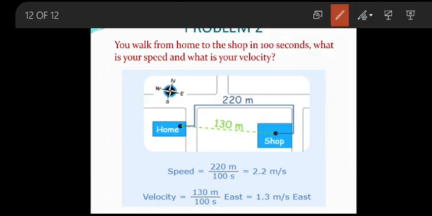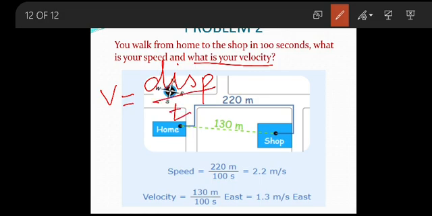The next question, what is your velocity? What is the formula to calculate velocity? Velocity is equal to displacement by time. Displacement means the shortest route. So to reach from the home to the shop, the shortest route in the question is 130 meter. I will substitute it in my formula.